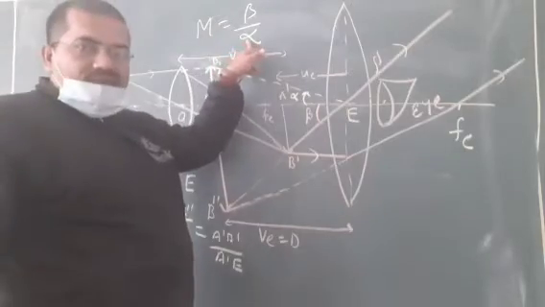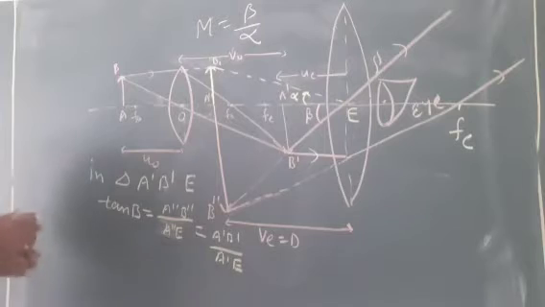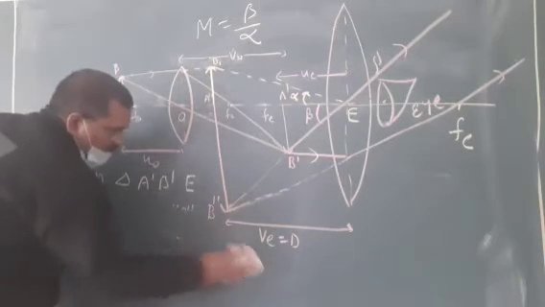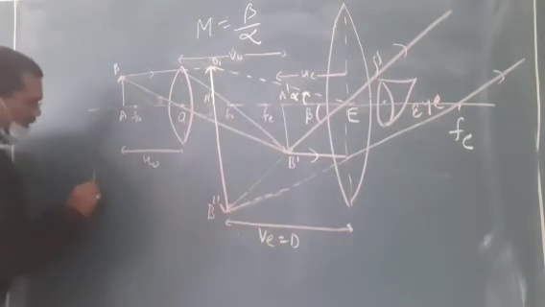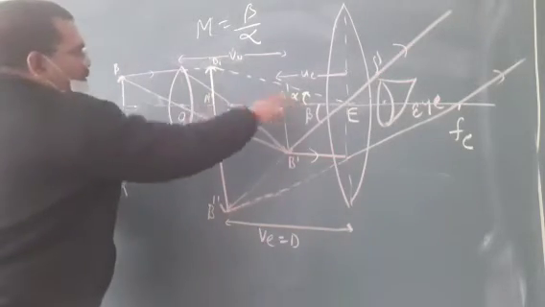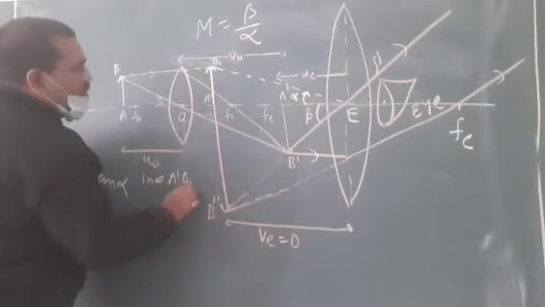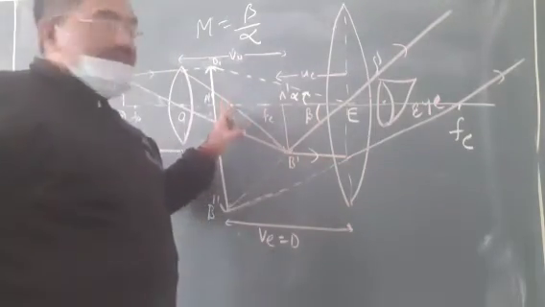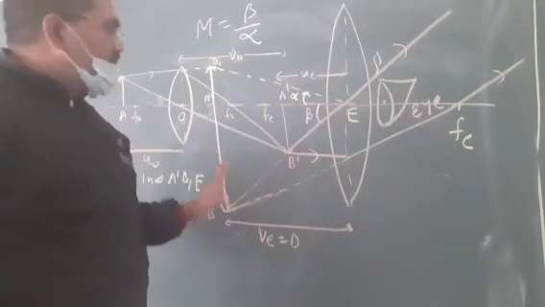Now we have to find alpha. What is tan alpha? You know, alpha is the angle subtended by the object when the object is placed at the location of the image.